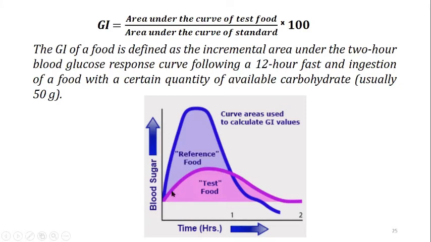To have a comparable idea about the glycemic response, we have developed this index, glycemic index. Okay, the glycemic index of a food is defined as the incremental area under the 2-hour blood glucose response curve following a 12-hour fast and ingestion of a food with a certain quantity of available carbohydrate, usually 50 grams.